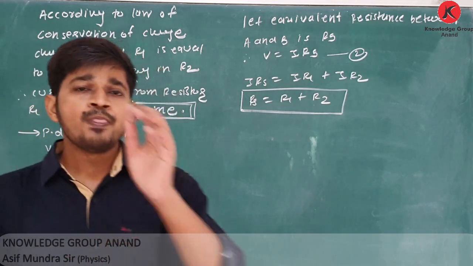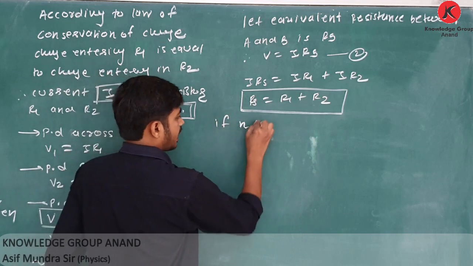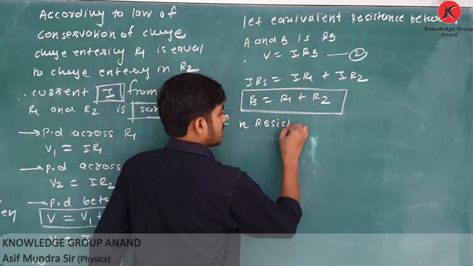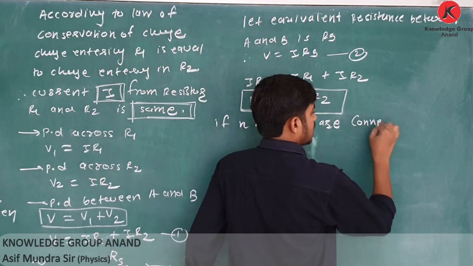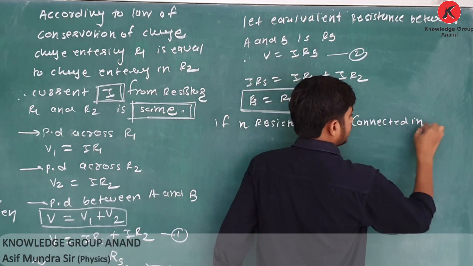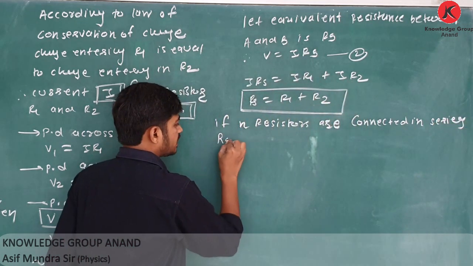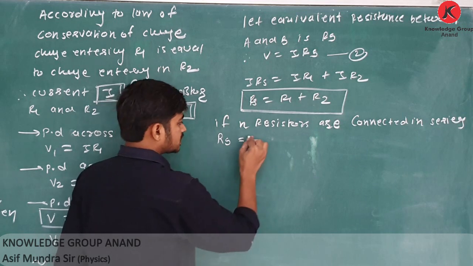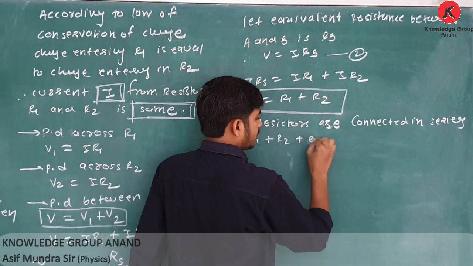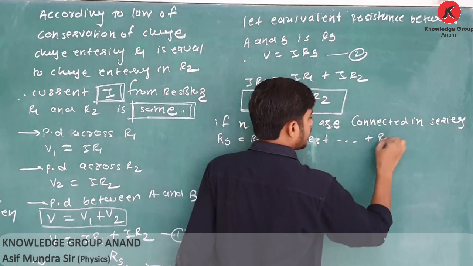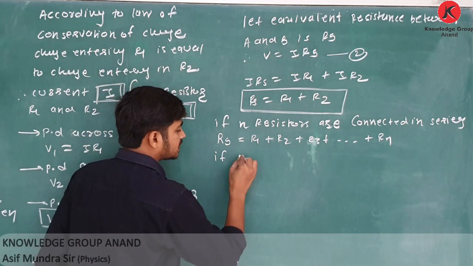Clear about this? Now, if n resistors are connected in series, then what is the equivalent resistance RS? Equivalent resistance RS is equal to R1 plus R2 plus R3 and so on up to Rn. Clear?